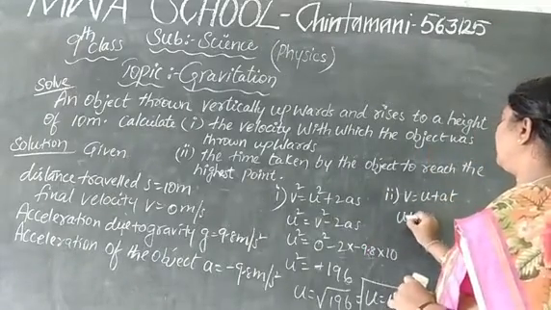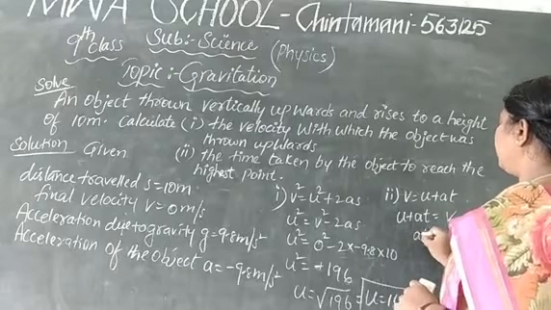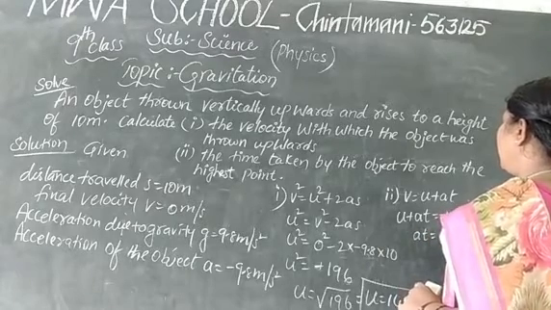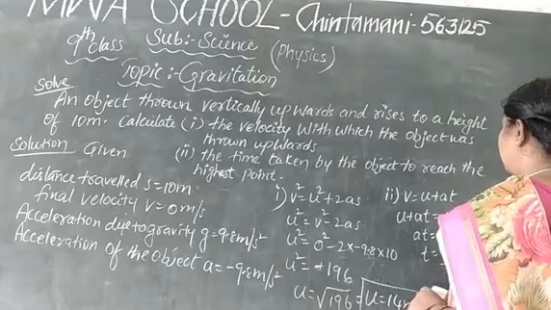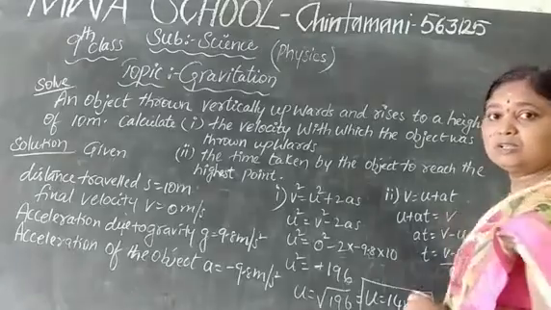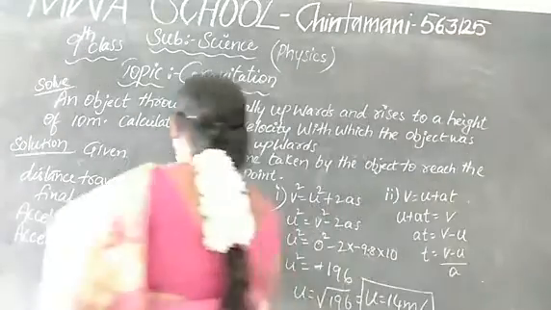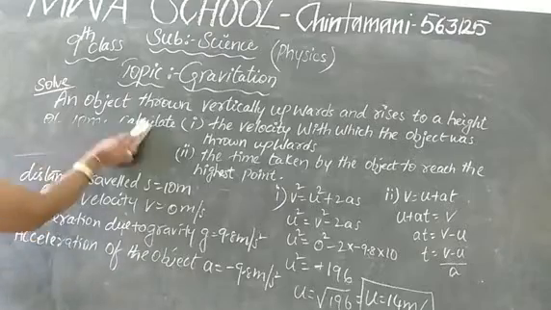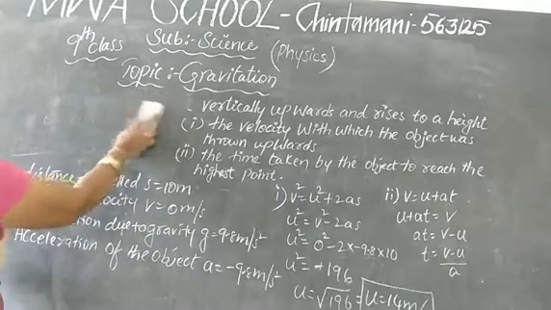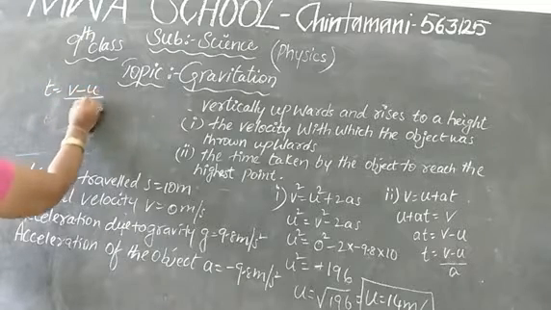U plus AT is equal to V. AT is equal to V minus U. T is equal to V minus U by A. Can you see? Yes. So now let me solve from here.